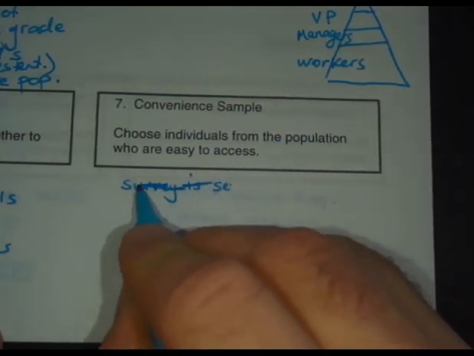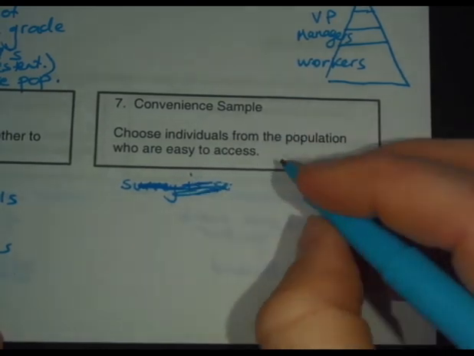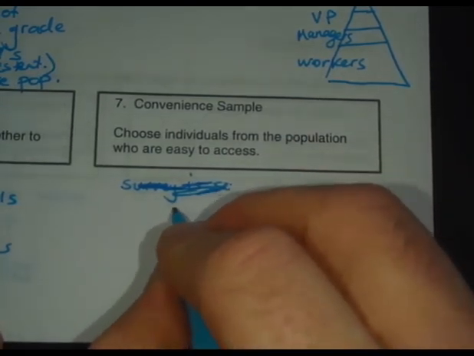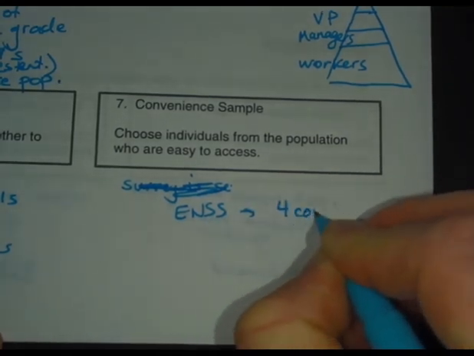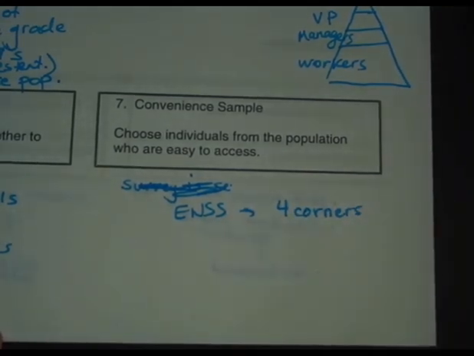So how do we easily access these people, all right? So maybe at ENSS, we look at Four Corners, all right? We just pull people from Four Corners to do that survey.